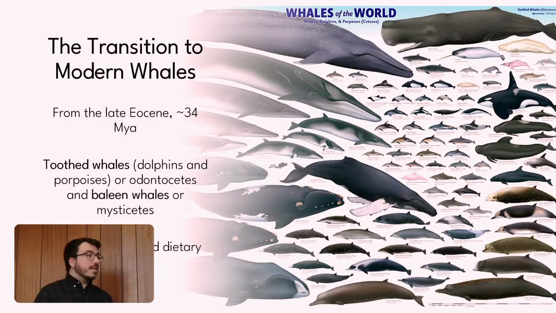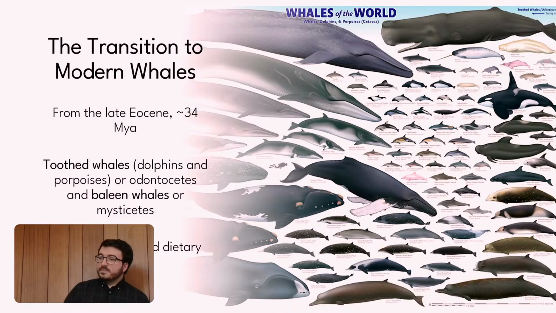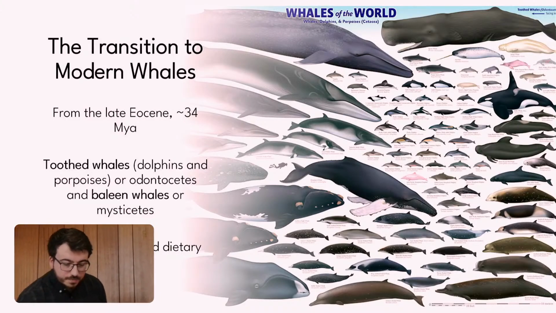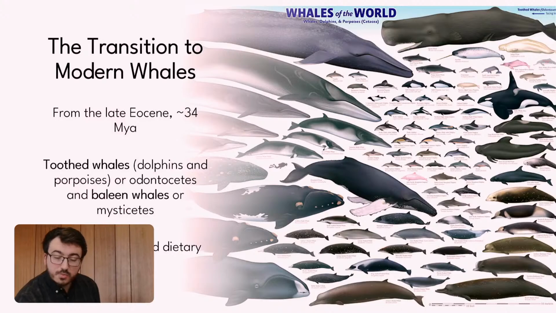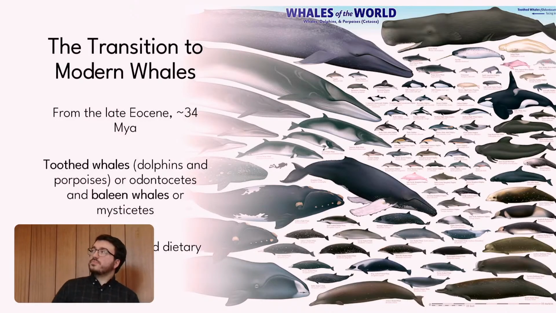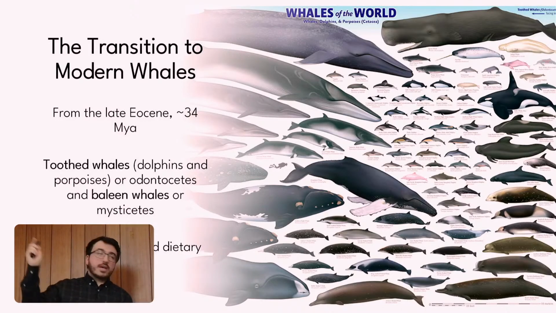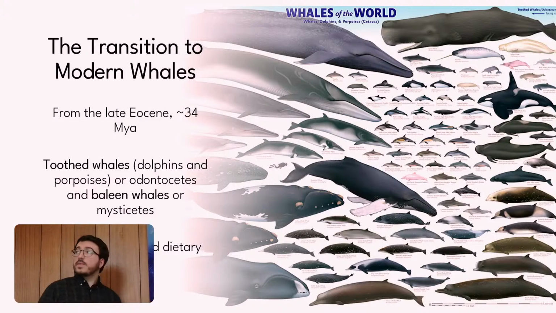But as you'll see later, the early baleen whales also used that technique. We're also starting to get smaller again in the toothed whales. They get really huge as well in the baleen whales. So they've got a huge diversity of sizes as well as ecologies.